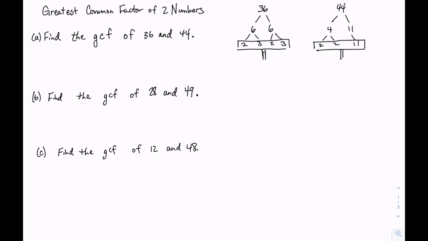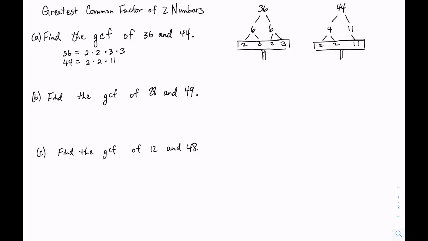Well, we could stack them together. So we could say 36 is equal to 2 times 2 times 3 times 3. And then 44 is equal to 2 times 2 times 11.